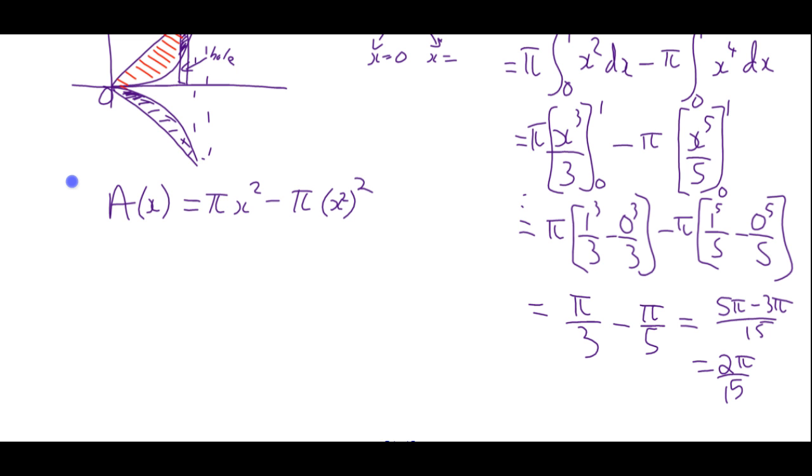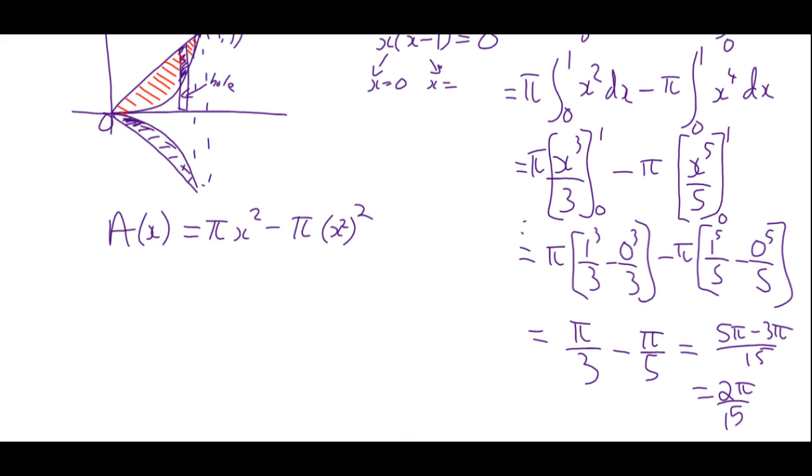Yeah, you could. So we could say, look, what's the area that we're interested in sweeping out? It's the whole disk minus the hole in the disk. So it's the outer radius minus the inner radius.